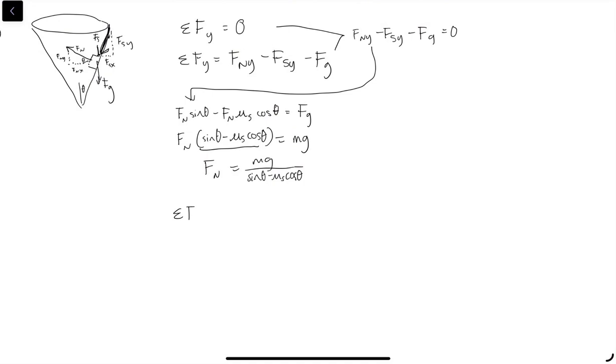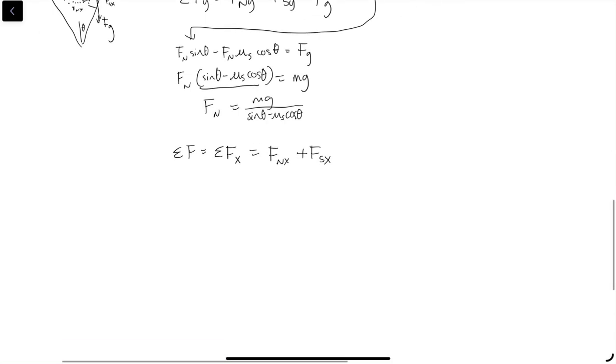Now we know that because the net force in the y direction is equal to 0, the net force is just equal to the net force in the x direction. And then we can do Fnx, and then that's going towards the center, and Fsx is also going towards the center. And then we can just expand this.